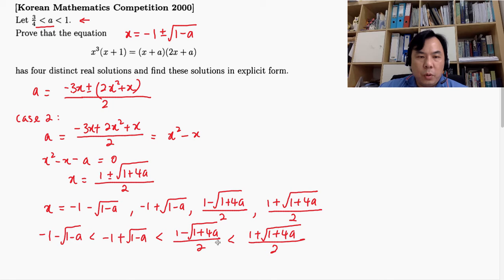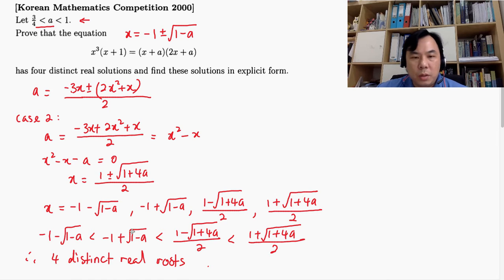Okay, now, therefore, we can say that there are four distinct real roots or solutions here, right? Because these are all real, in this case, and then we also notice that there's a last part that we want to check also.